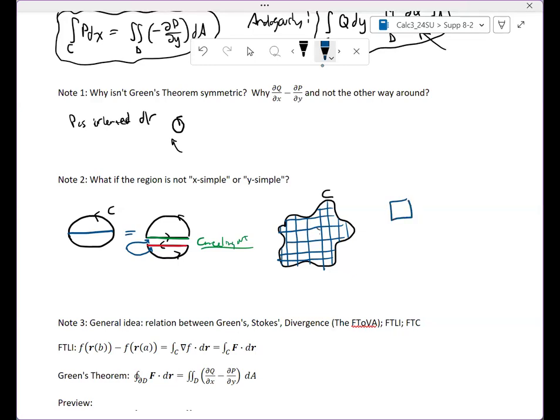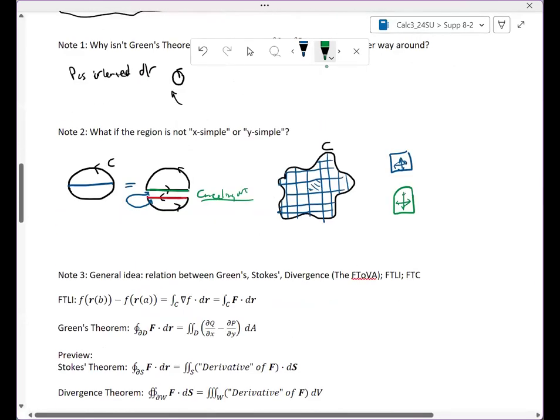Either a case like this, where I have an actual rectangle, which is, of course, x and y simple. The top and bottom curves, the left and right curves are trivially easy. Or I'll end up with something that's like three sides of a rectangle and then one curvy side. So again, this is an x simple and y simple region.